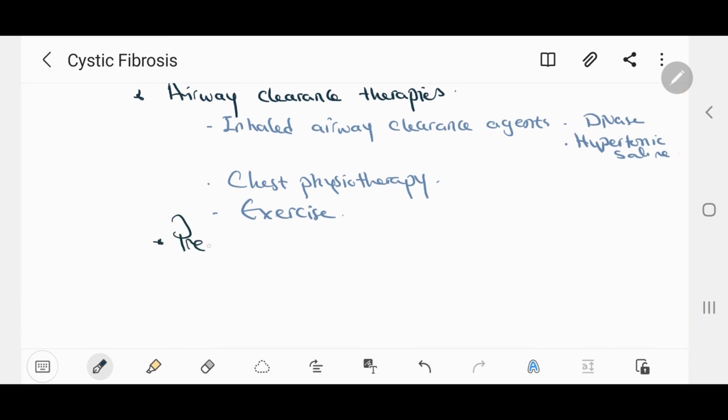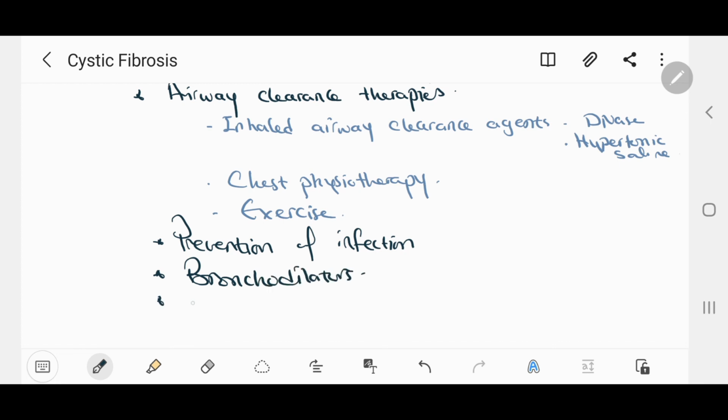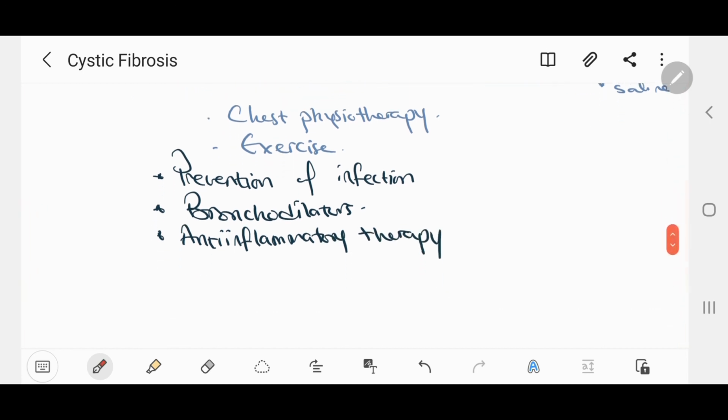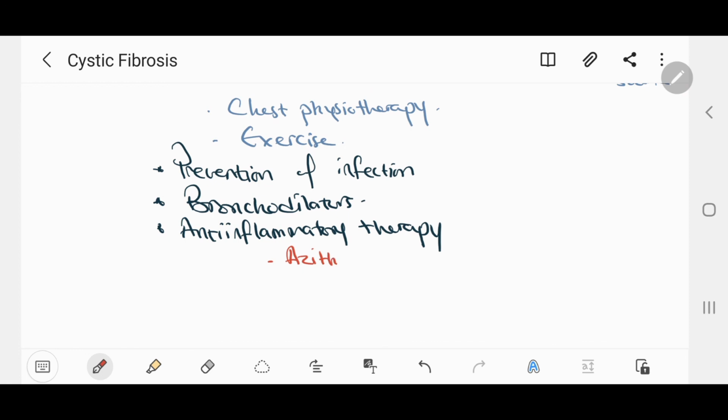We can also aim at prevention of infection, and that can be done through vaccinations, the seasonal influenza vaccine and a pneumococcal vaccine. We can use bronchodilators, anti-inflammatory therapy using azithromycin, ibuprofen, and inhaled glucocorticoids.